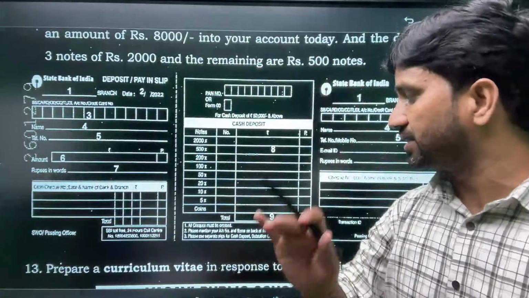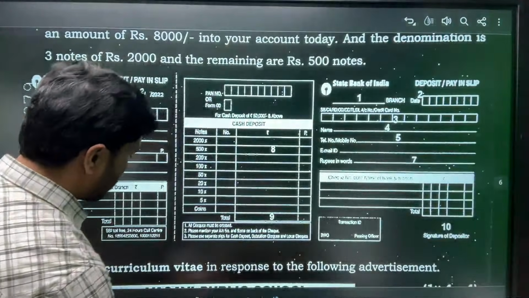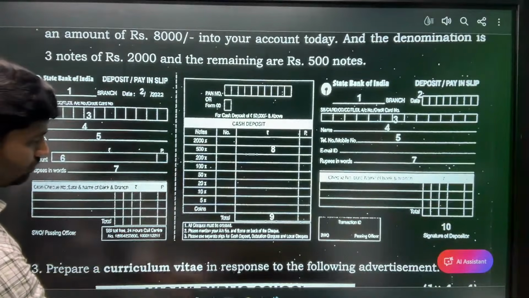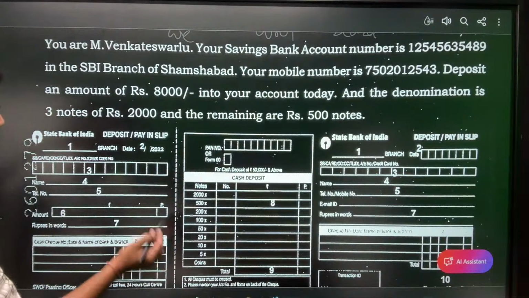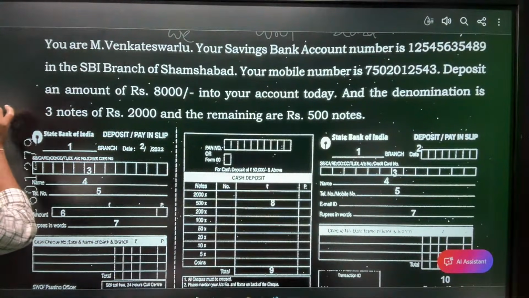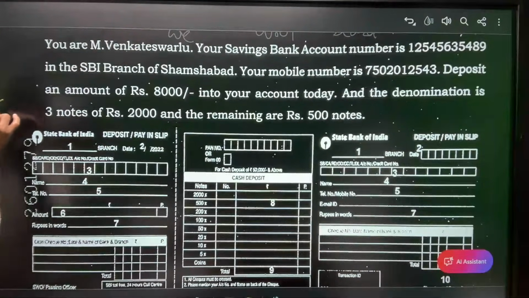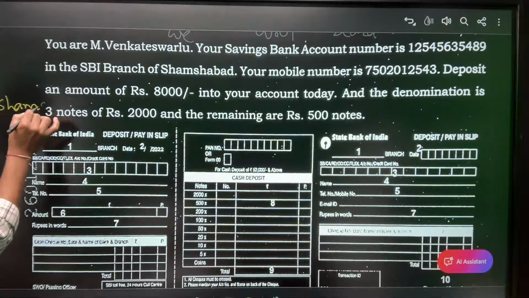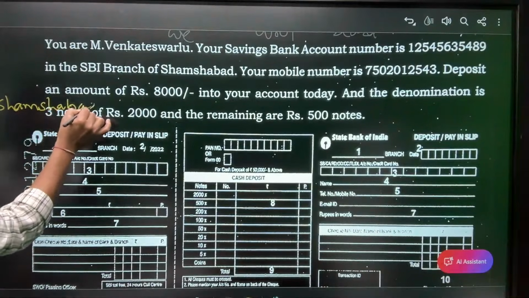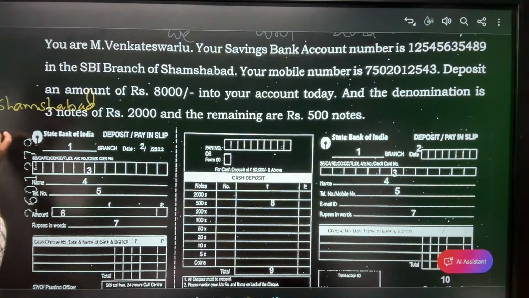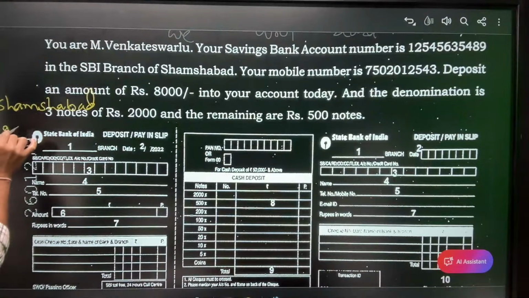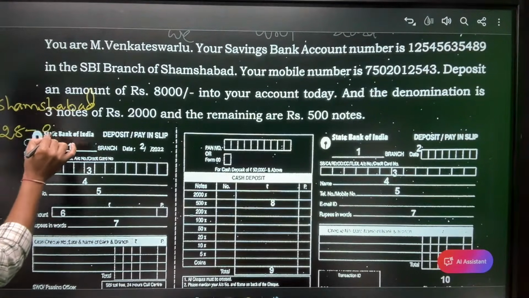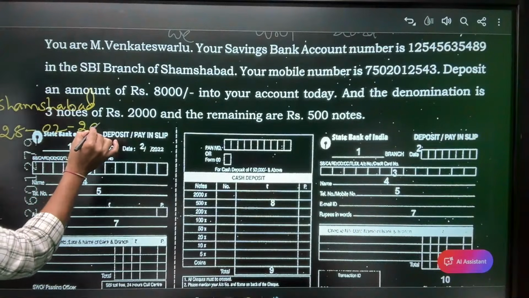We write only answers. The first one is the branch. Which branch? Shamshabad branch. The second one is the date. Tomorrow's date is 28 to 2026.